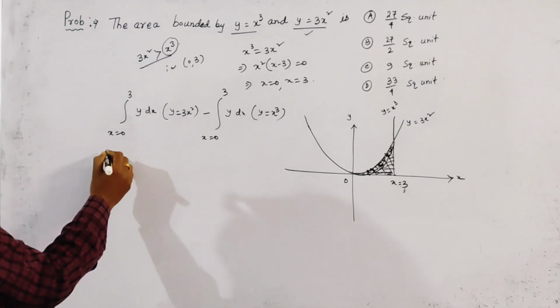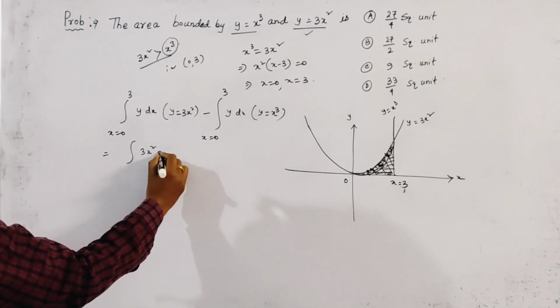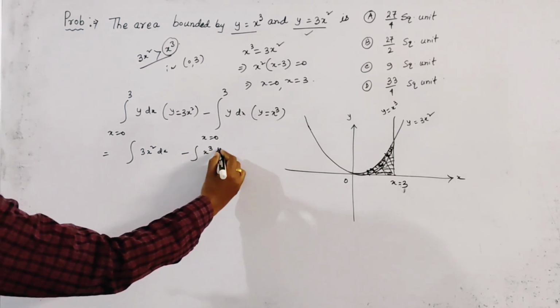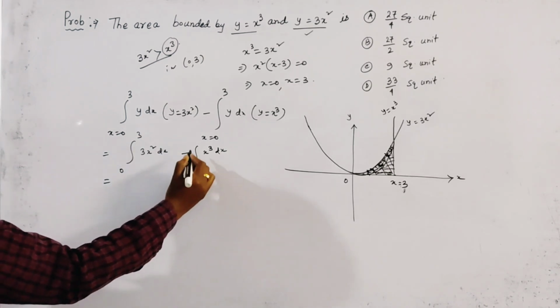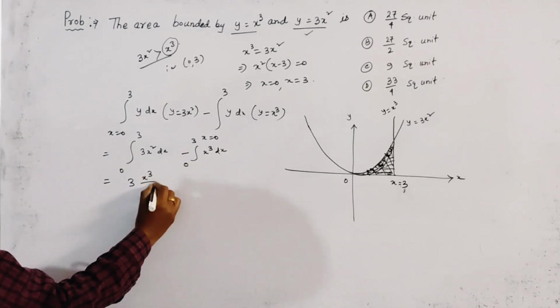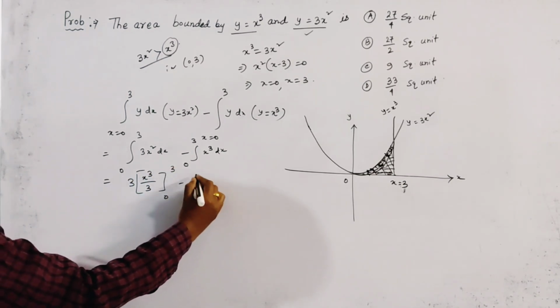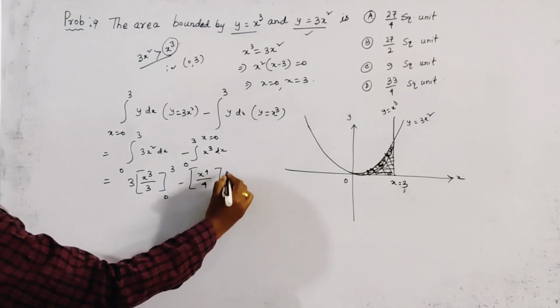Now putting the value of y and integrating, we get the integral of 3x square dx minus the integral of x cube dx, both from 0 to 3. So 3 into x cube by 3, from 0 to 3, minus x to the power 4 by 4, from 0 to 3.